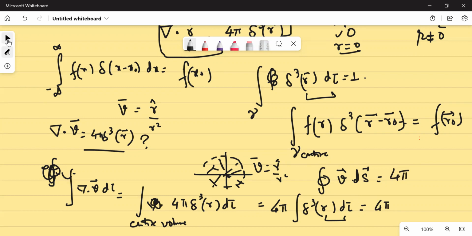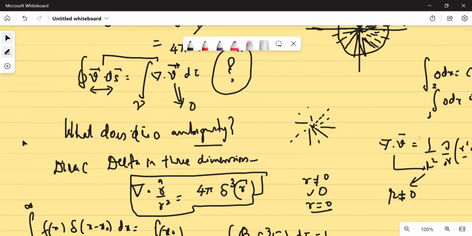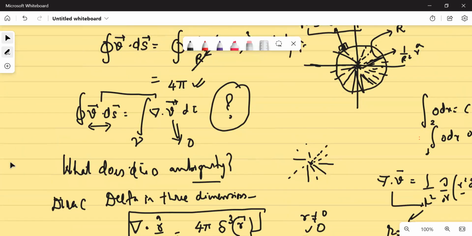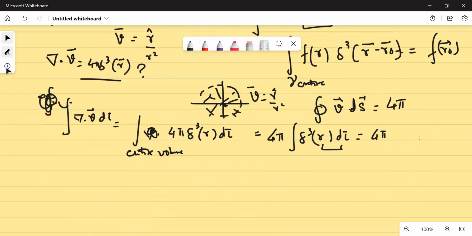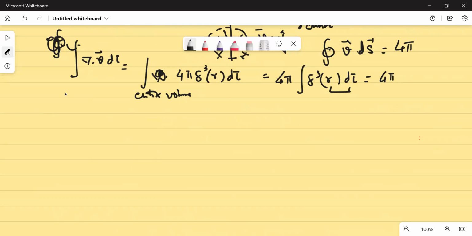So you can understand fairly well that wherever your problem involves a point mass or point charge, you will always find such Dirac delta functions.